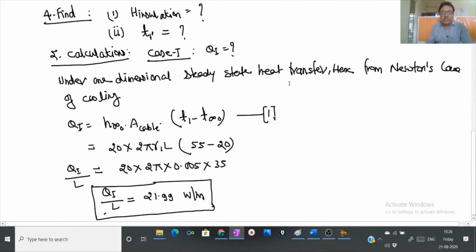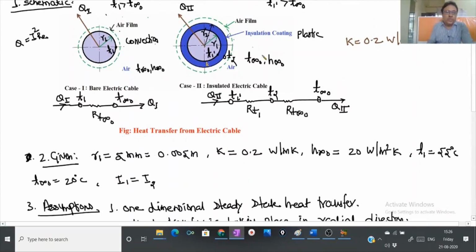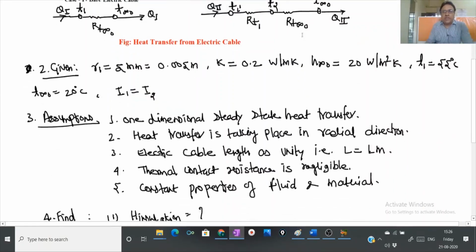Now let us consider case 2. In case 2, heat loss from the cable through the insulation layer will be by conduction and from the outer surface of the insulation layer to the fluid by convection.